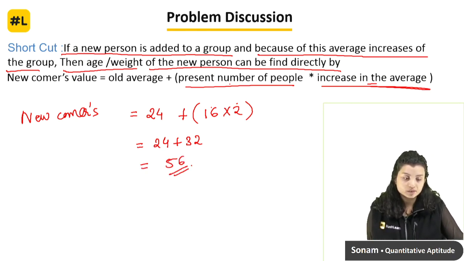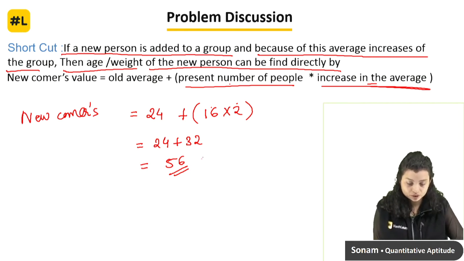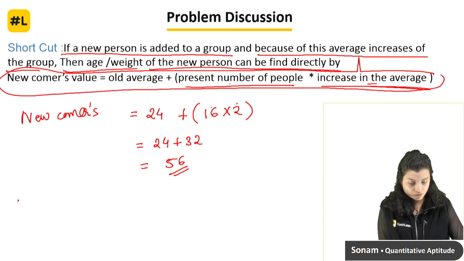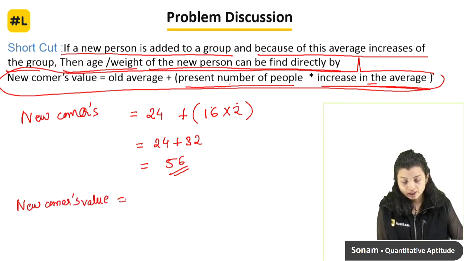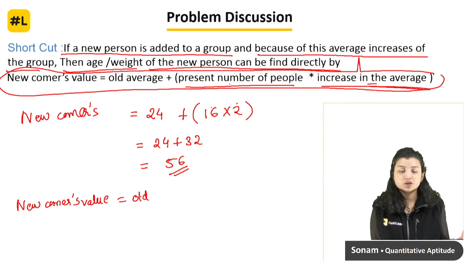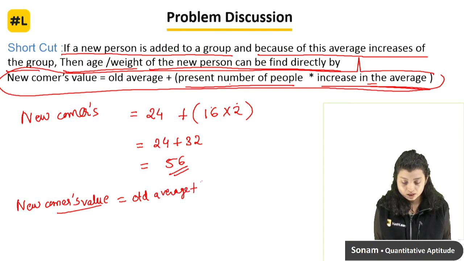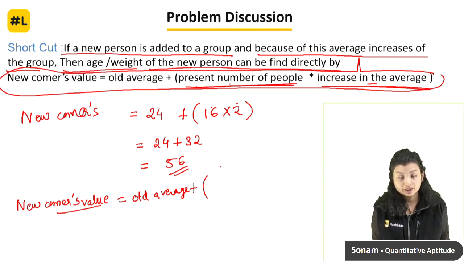So isn't it a better way? You just have to put all the values in this formula. So keep remembering this formula, newcomer's value. It can be anything, age or weight. Whenever a new person is included in a group, that person's value will be equal to the old average plus the number of people presently in the group, so after the increase, that number you have to write there.